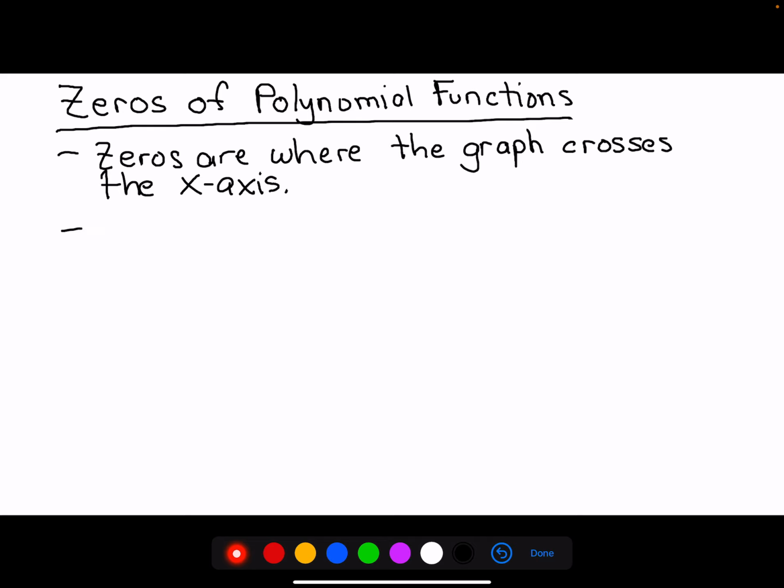Also, you might know of them as being x-intercepts. So at these places, the y value is 0.